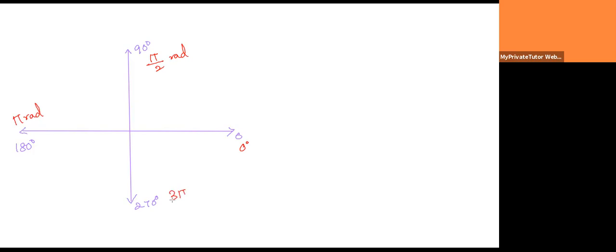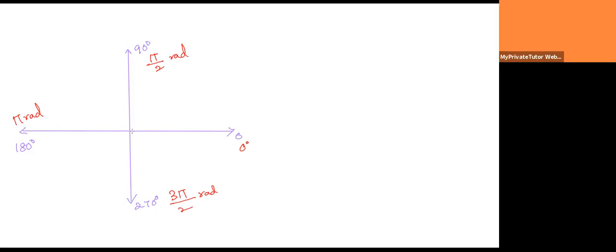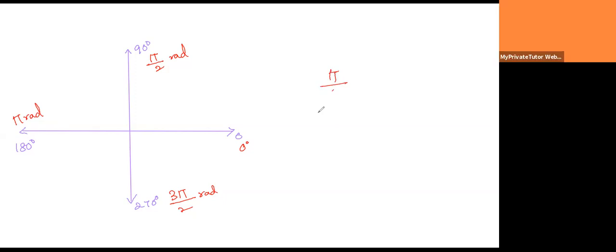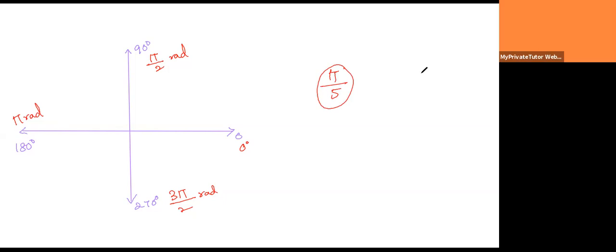You might get a question stating, for example, which quadrant pi by 5 comes under. If it's not easy to solve directly, please convert it into degrees, then you can say the quadrant easily. I hope you understand my point.